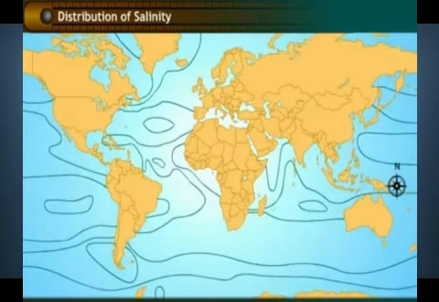Distribution of salinity. The difference in the amount of salinity occurs both horizontally and vertically. Horizontal distribution of salinity of ocean water is studied in relation to latitudes and regional distribution.